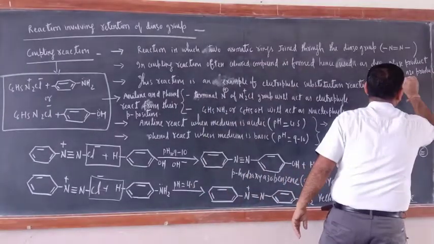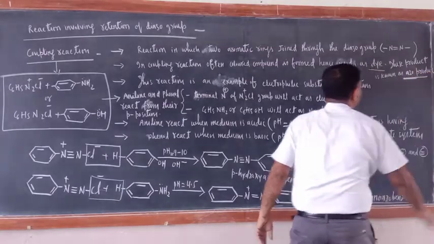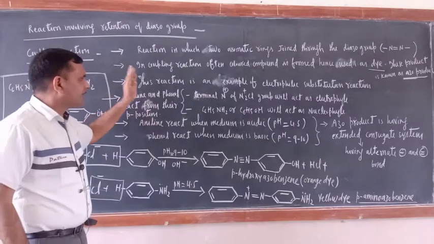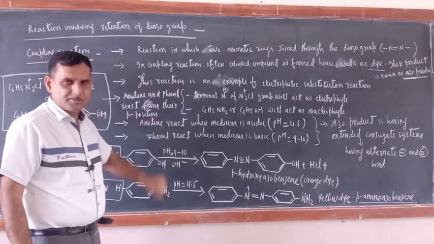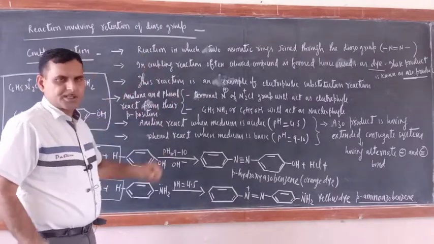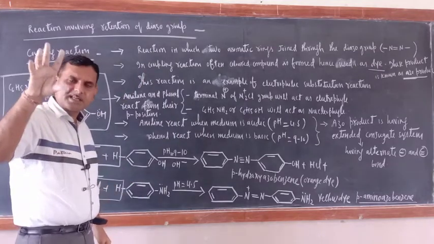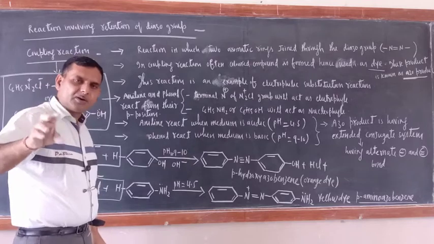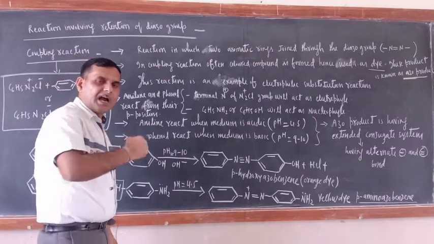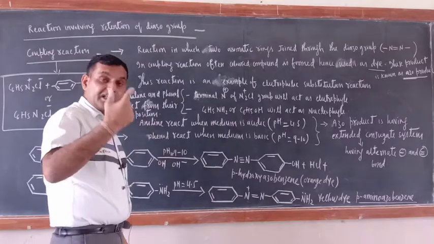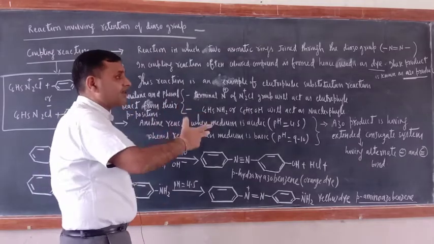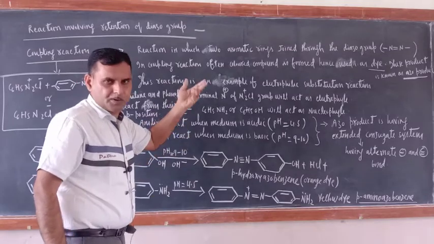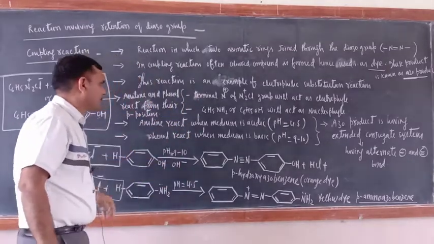What is this one? Azo, A-Z-O, azo products. Okay. And this reaction is an example of electrophilic substitution reaction. Since a colored compound is formed, and in organic chemistry colored compounds are known as dyes, these products are known as azo products, means colored products. Azo product means colored product.